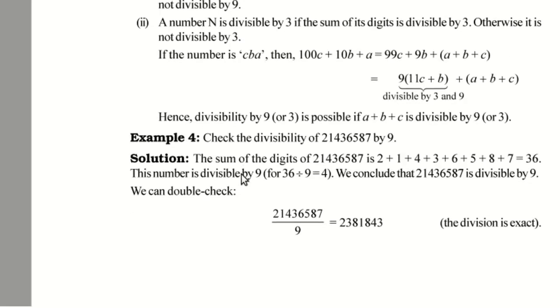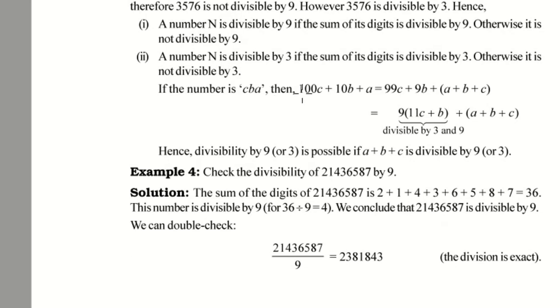For any number, we can represent it in this fashion. For a 3-digit number CBA, we represent it as 1 times A, 10 times B and 100 times C, because A is in the 1's place, B is in the 10's place and C is in the 100's place. 100 could be written as 99 plus 1, right? 10 could be written as 9 plus 1.